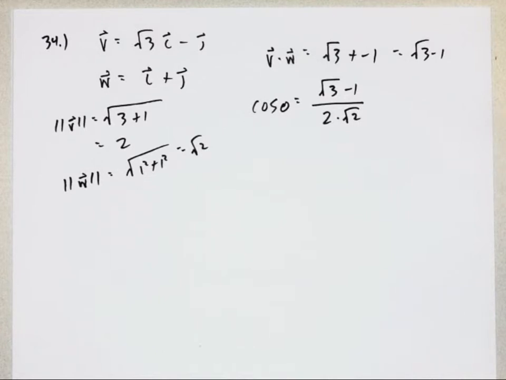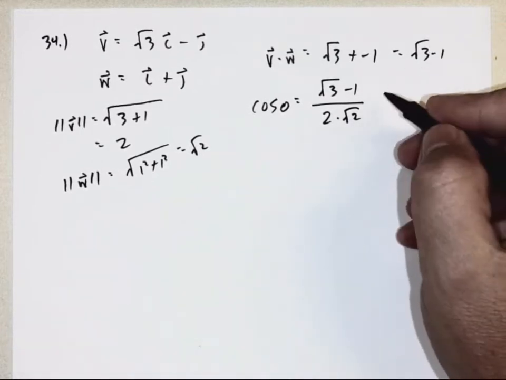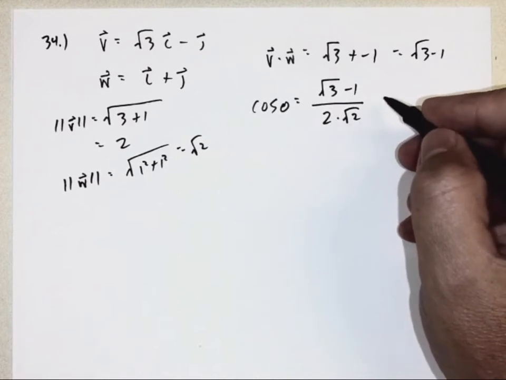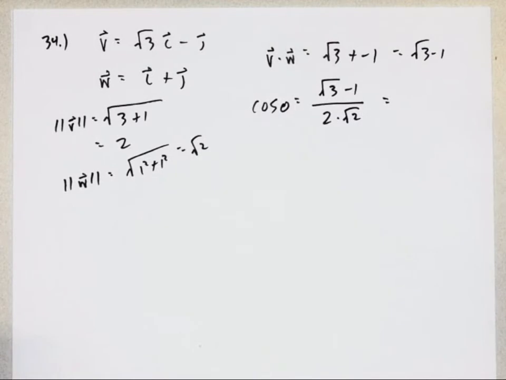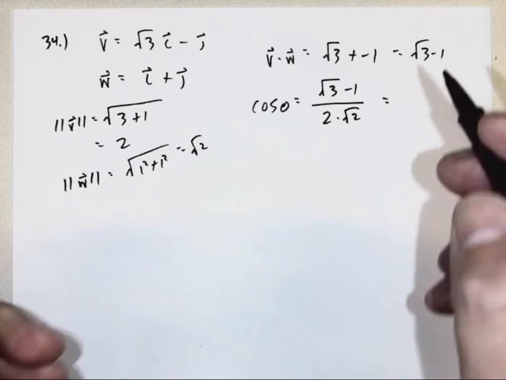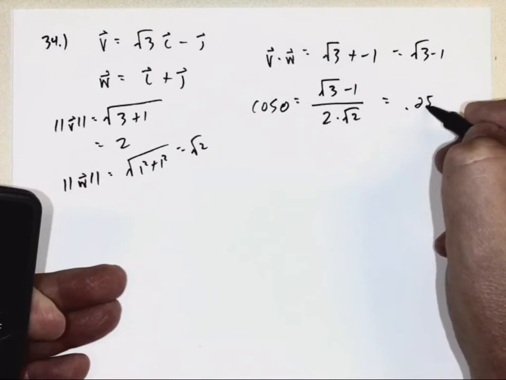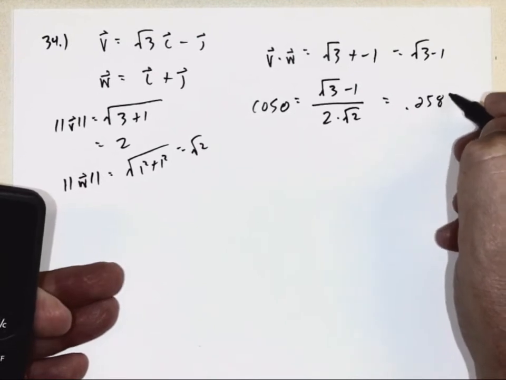Now this is where you actually need to grab your calculator and see what this number is. This is pretty messy. So let's do square root of 3 minus 1, divided by 2, divided by square root of 2, 0.2588.